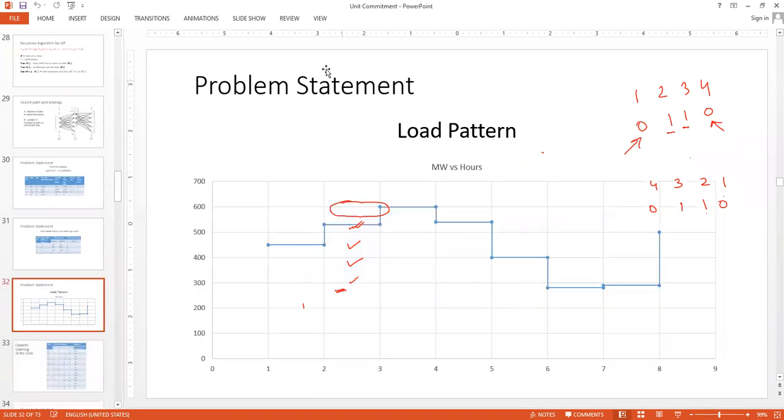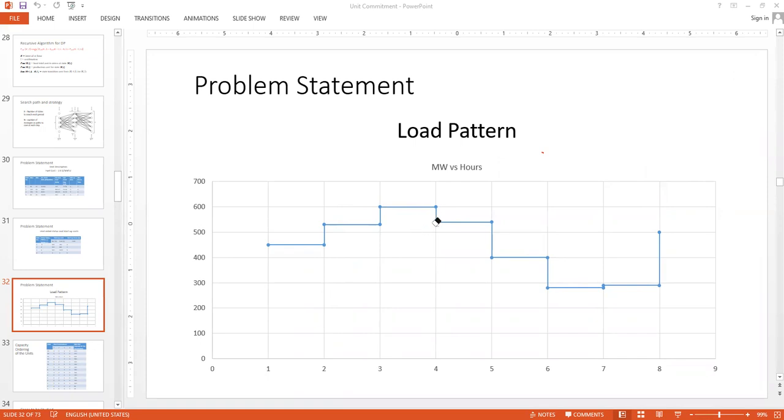This is the load demand. The demand is varying, and it is an 8-hour long problem. In hour number 1, the demand is around 450. In hour number 2, there is a jump to around 530 maybe. In hour number 3, the demand further jumps to 600 megawatt.